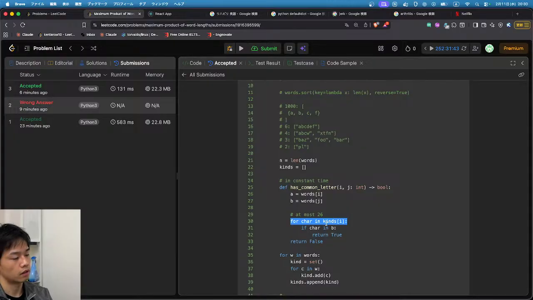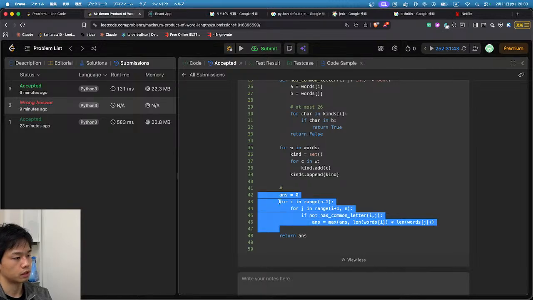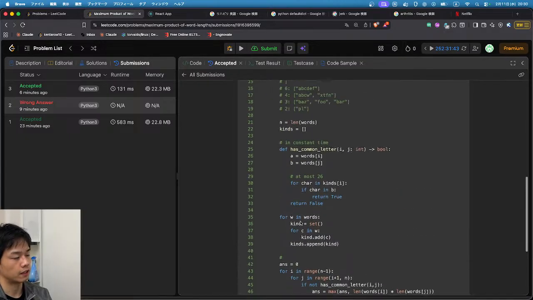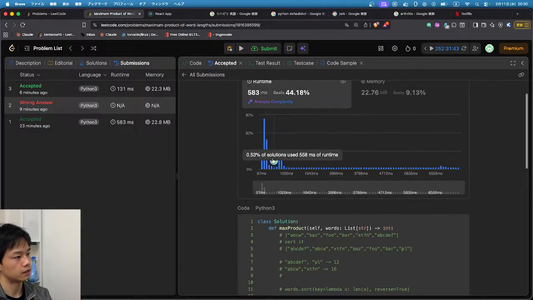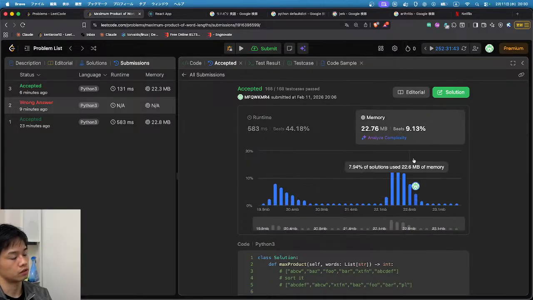The set length is 26 at the most, so we can check it in constant time, right? So overall, this part is executed in n squared time complexity. So this is a valid answer, but it's not fast and not efficient in terms of memory, right?